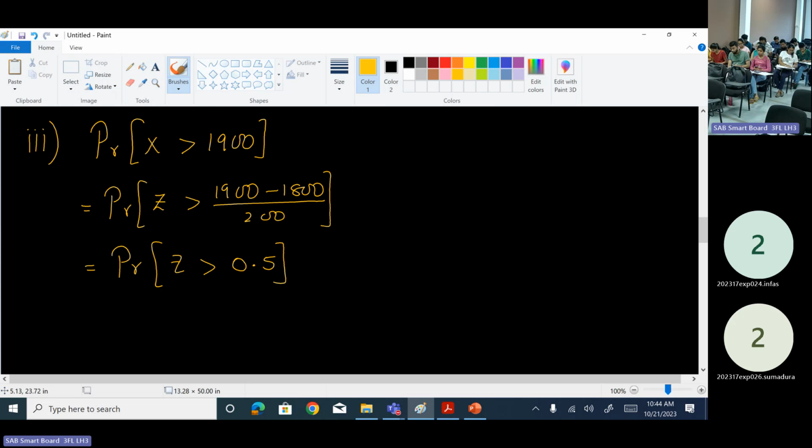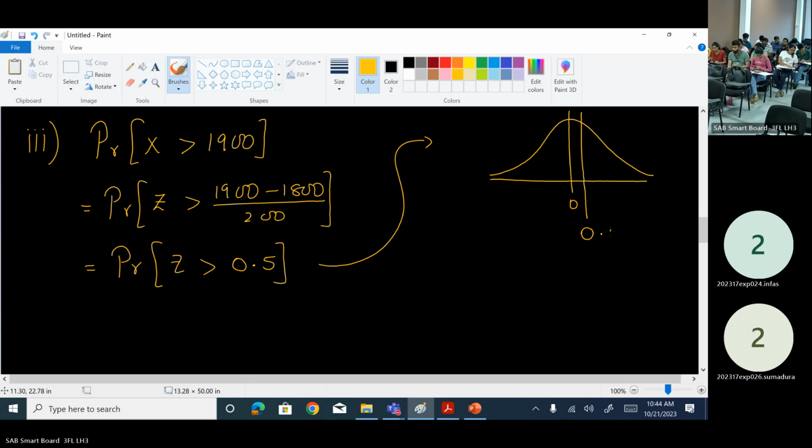So what we want: draw the structure, 0 comes here, 0.5. We want above this, so this region is needed. So how do we get it? 0.5 minus this part. Refer 0.5 and get this part.